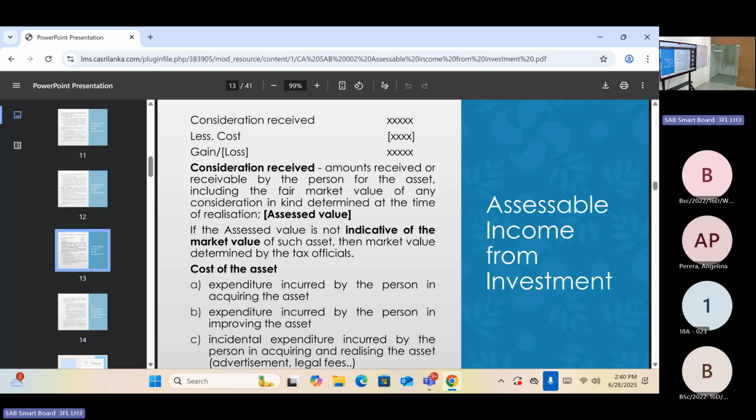He has disposed this land for rupees 30 million in the year 2024-25.